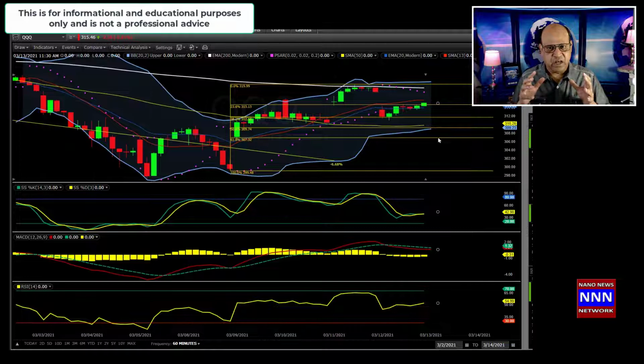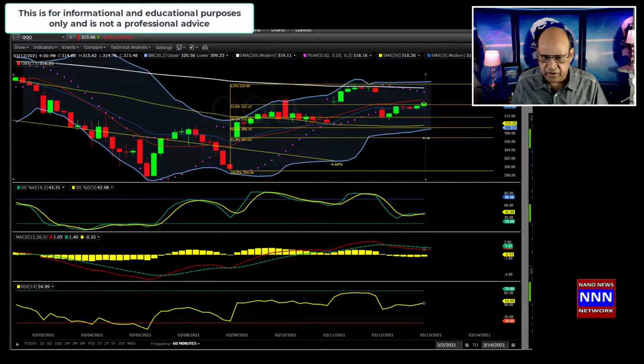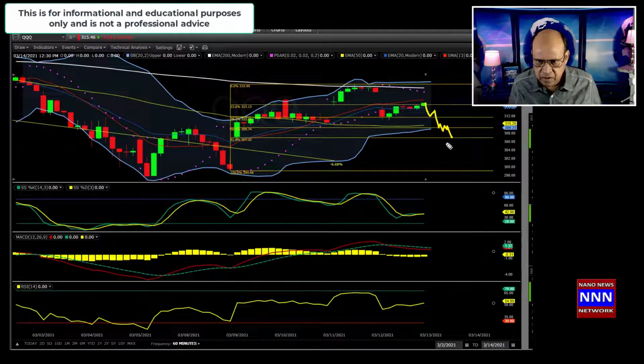So that's how we look at these numbers and say, if you want to get into the market, one place you can probably get into the market would be like 306, 308, somewhere around $307. Okay, we have a C wave which ends at 61%.